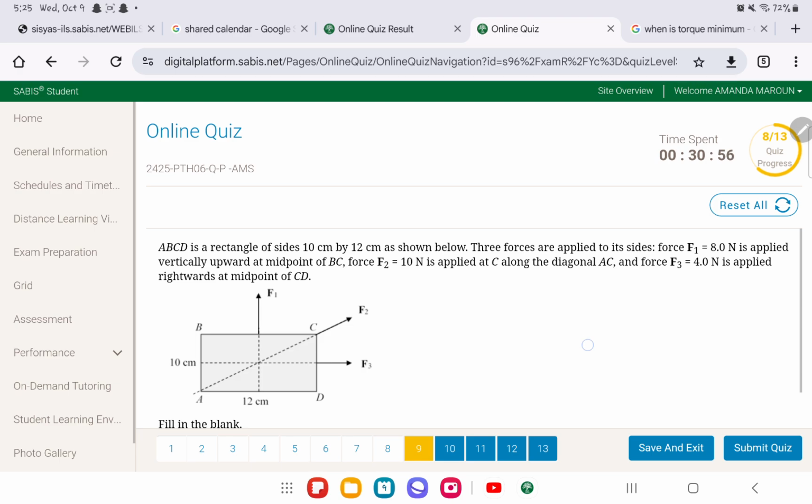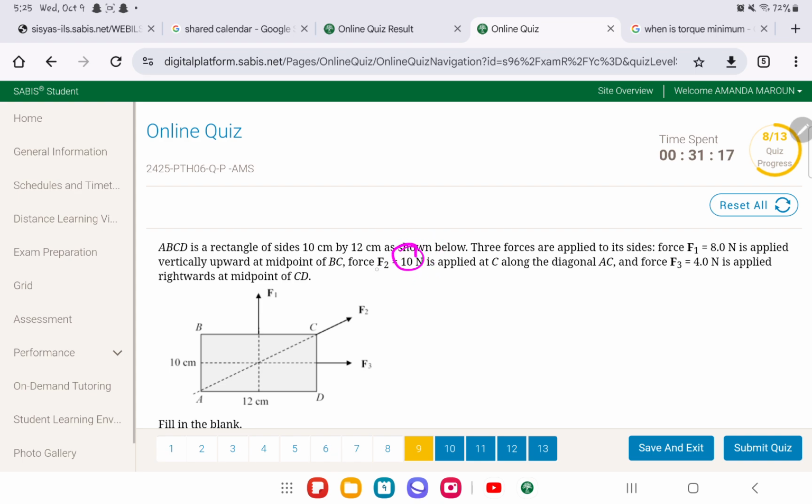Question number 9. ABCD is a rectangle of sides 10 centimeters by 12 centimeters as shown below. 3 forces are applied to its sides. Force F1, 8 newtons, is applied vertically upwards at midpoint of BC.